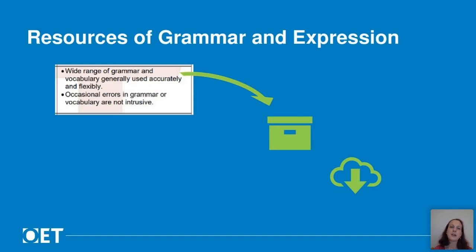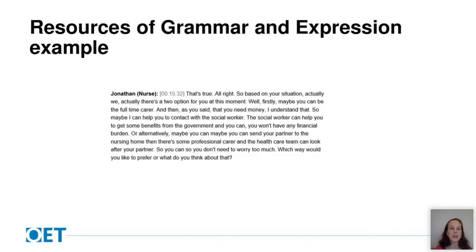Occasional mistakes are okay, but in general, the mistake shouldn't prevent your meaning from being clear or the conversation from continuing smoothly. So here in our example, you can see the patient is able to understand the meaning of what this nurse is saying without difficulty, but there are quite a few errors coming through the speech.